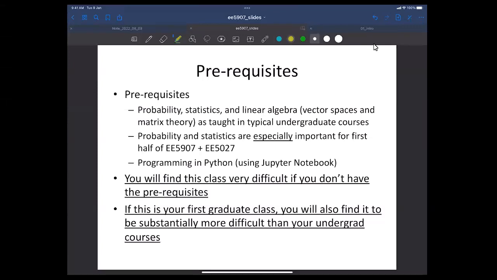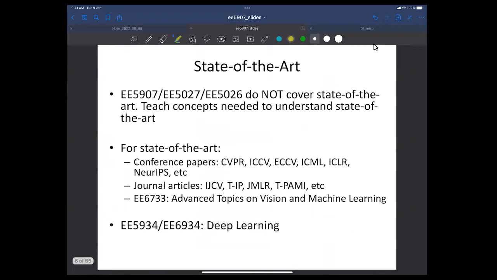Okay, good. The next thing is the state of the art. This course does not cover state-of-the-art techniques or algorithms. It only teaches you the basic concepts needed to understand the state of the art.